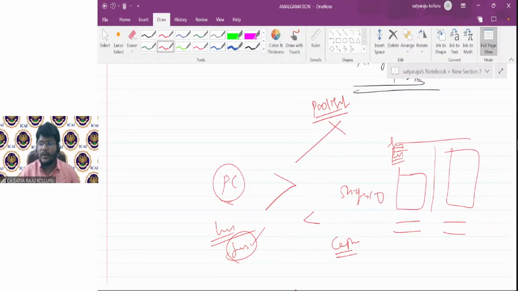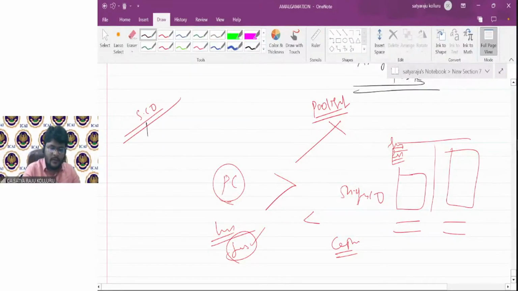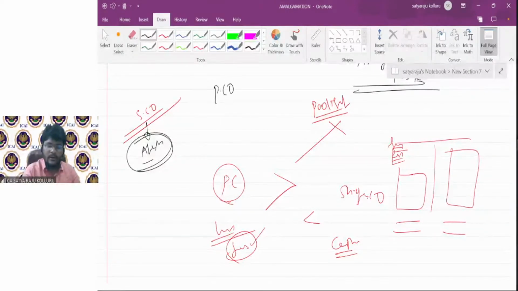What I want to tell here is that in the books of the purchasing company, accounting treatment will change based upon the type of amalgamation. If it is the purchase method, one type of accounting treatment. If it is the pooling of interest method, another type of accounting treatment. Shall we need to adopt the same here?